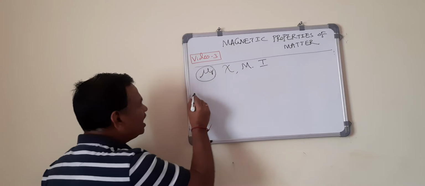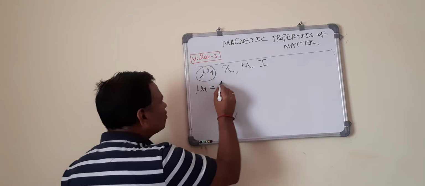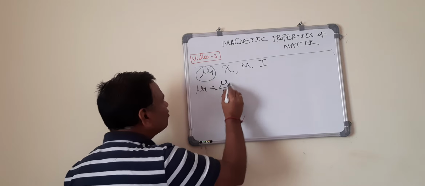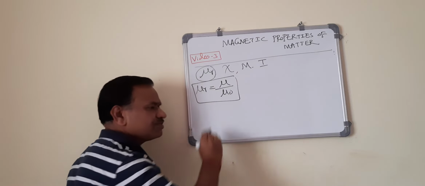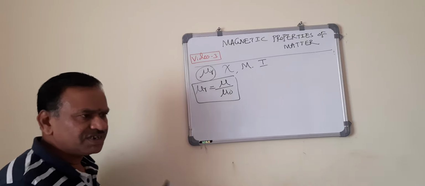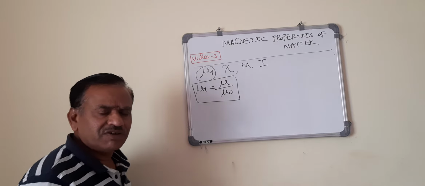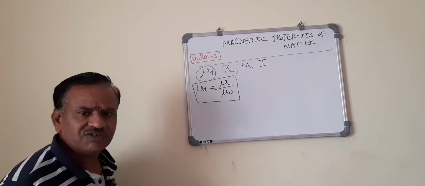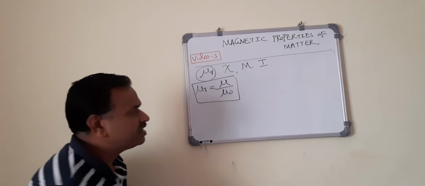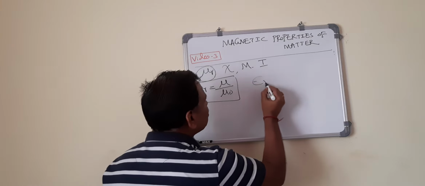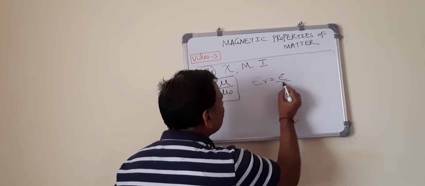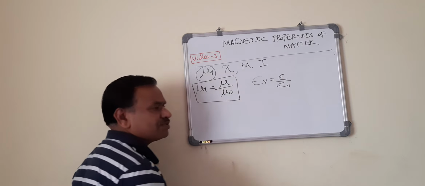Here, relative permeability mu r equals mu divided by mu naught. You studied a similar one in electrostatics, in the previous second year also, where we talk about epsilon r equals epsilon divided by epsilon naught.